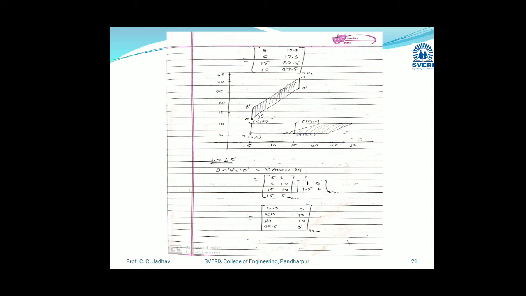Square A dash B dash C dash D dash is equal to square ABCD, which we already know, into the shear matrix in x direction: 5, 5, 5, 10, 15, 10, 15, 5 into [1 0; 1.5 1]. We multiply the two matrices and get the final matrix for shear in x direction: 12.5, 5, 20, 10, 30, 10, 22.5, 5.